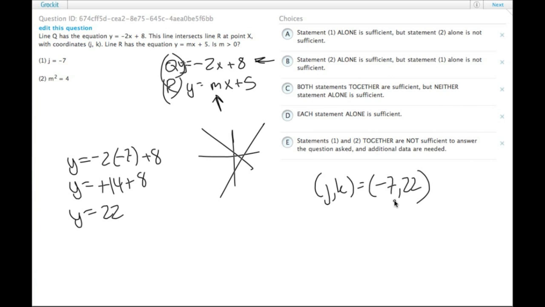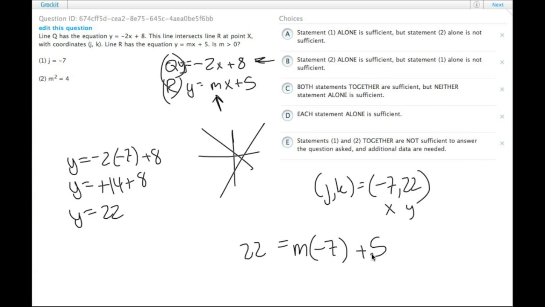Now this point also exists on line R, so we can plug in these x and y values also for this one to figure out what the slope is. So 22 equals the unknown slope times the x value, which is negative 7, plus 5.